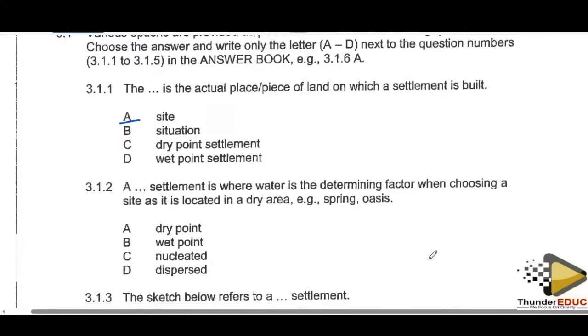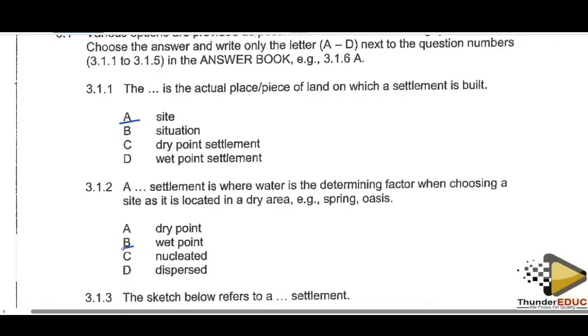3.1.2, a dash settlement is where water is the determining factor when choosing a site, as it is located in a dry area, e.g., spring or oasis. So that would be a wet point settlement. But when we say a wet point settlement, this is where water is not a risk.